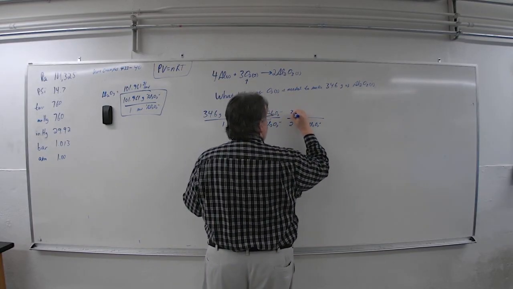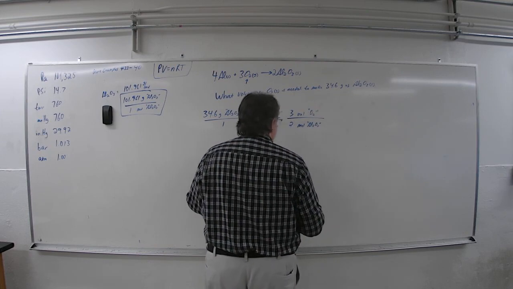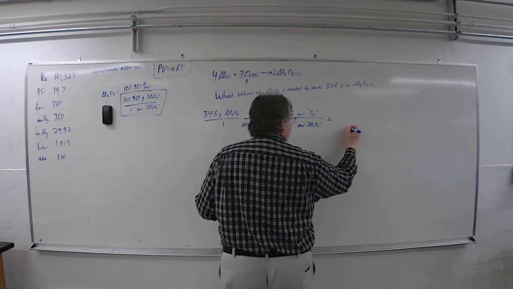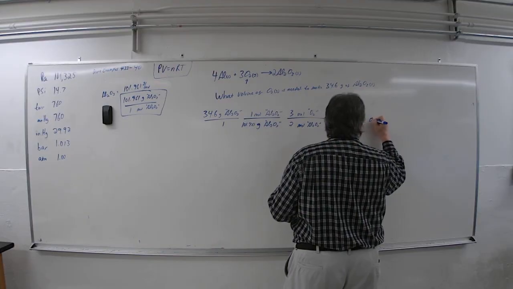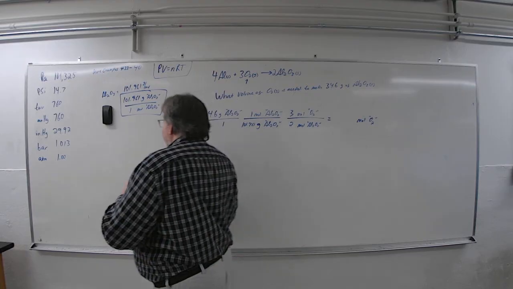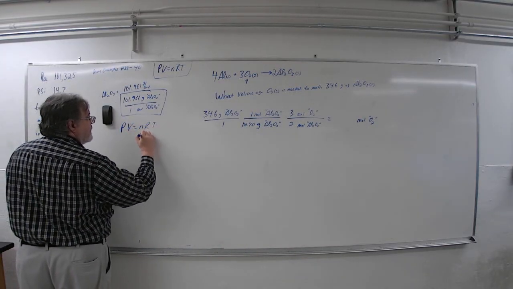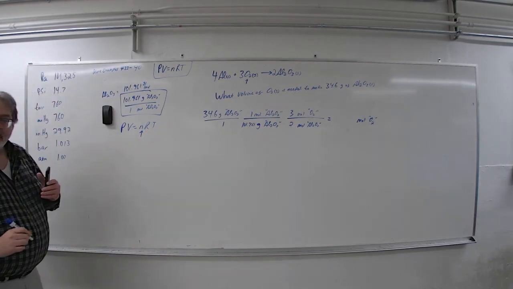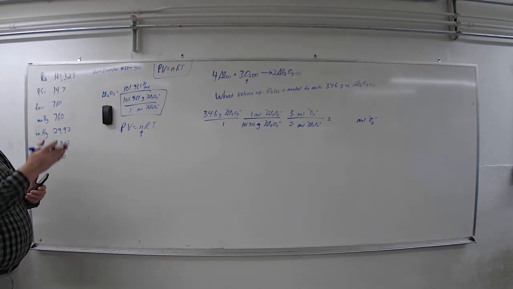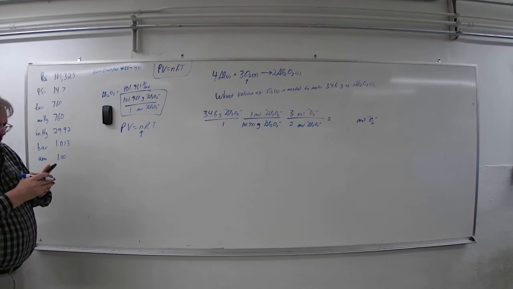This is going to be the mole ratio. It's 2 of those to 3 moles of O2. And that's going to give you moles of O2.